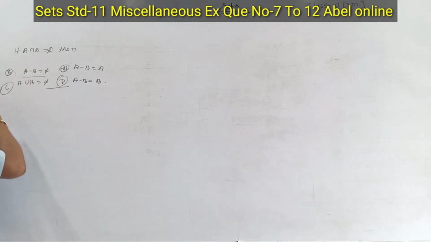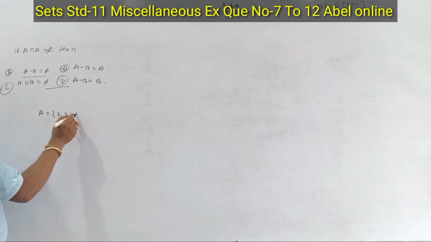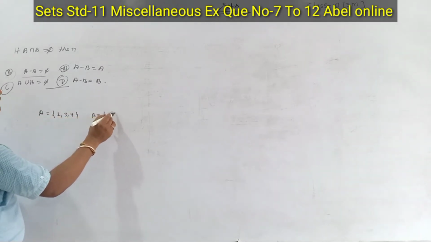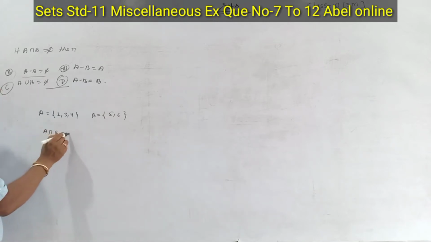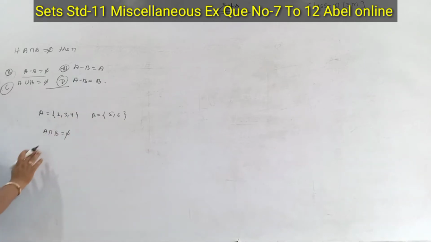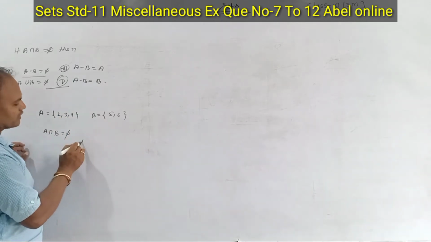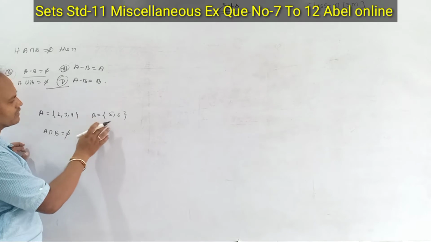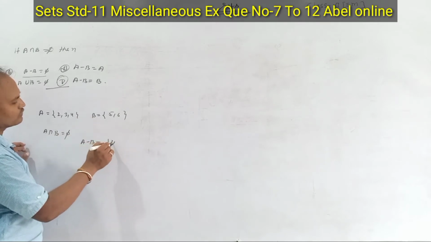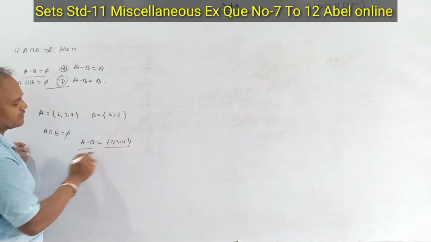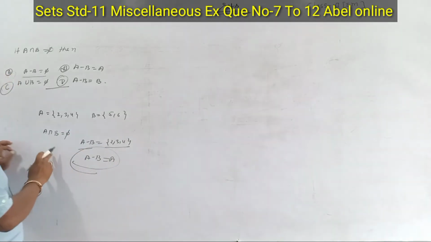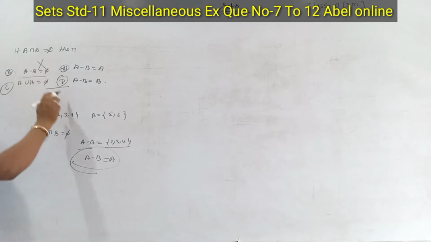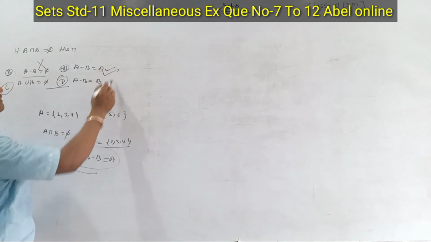Just suppose A equals {2, 3, 4} and B equals {5, 6}. Then A intersection B is phi because there is not any common element. But A minus B means A, which is {2, 3, 4}. So A minus B is A. We can say that A minus B equal phi is a wrong answer, and A minus B equal A is the correct answer.